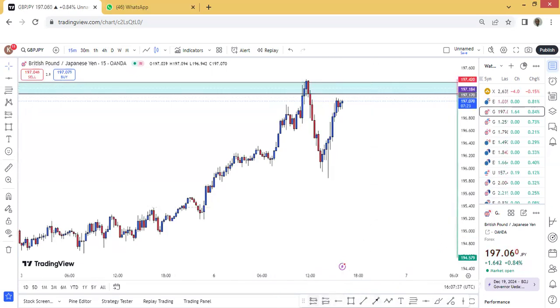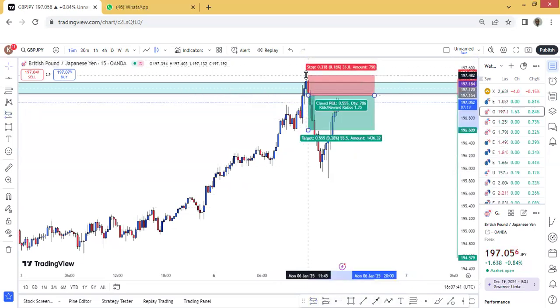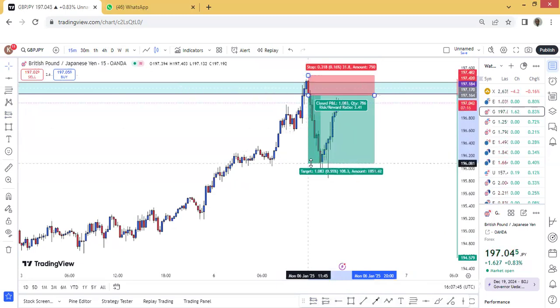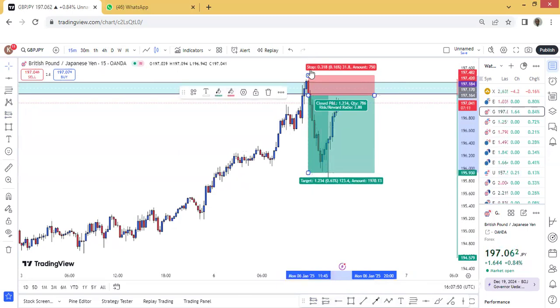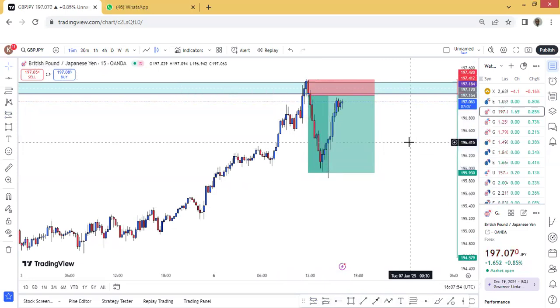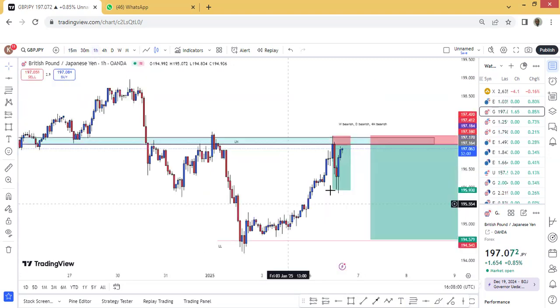So I picked it from here, put my stop loss just above this place, and I took 1:4. My stop loss was somewhere here. Yeah, 1:4. That was it. And that took less than 2 hours to play out.